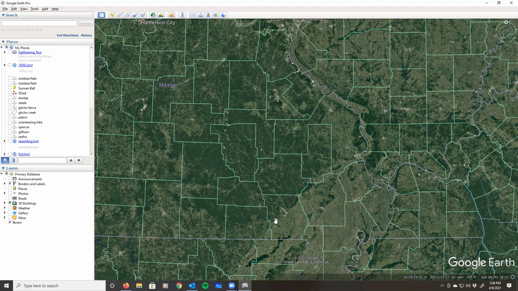So at this point down by Poplar Bluff, it is given a coordinate value of 700,000 meters as the X or east value, and 0 meters for the north or Y value.